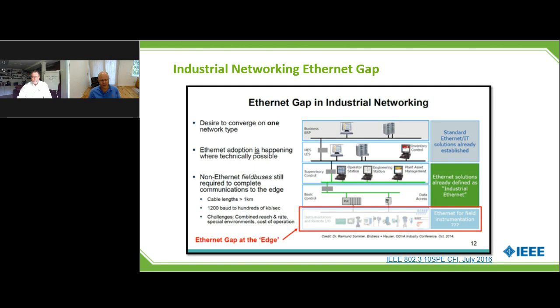So you got time sensitivity, power and data together, and reach are very, very important characteristics of an industrial environment. There are other ones, such as some of the electrical characteristics of being in an environment that might have explosive materials, but those are the big ones. And they're a little different than office networks.